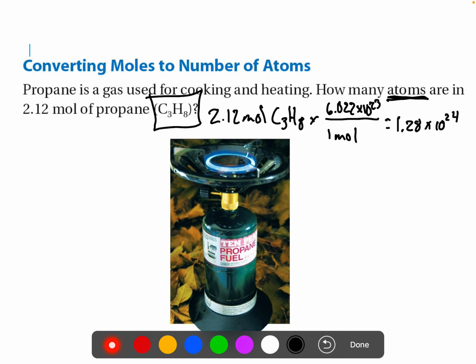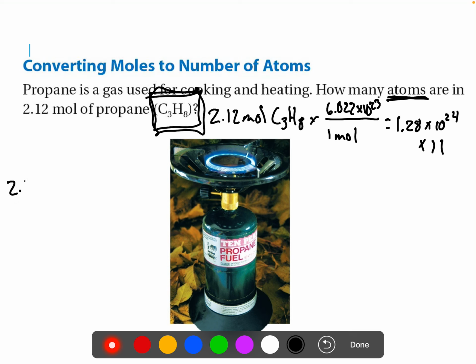Now here's where we can keep going with dominoes, or you can start using something else. In this case, we have 3 carbons, 8 hydrogens, which is 11 atoms. So you just multiply this by 11, okay, because that's how many of this unit we have. So you multiply by 11 to get how many particles.